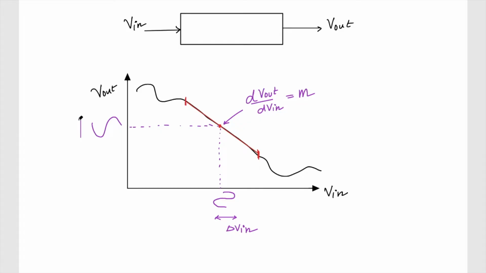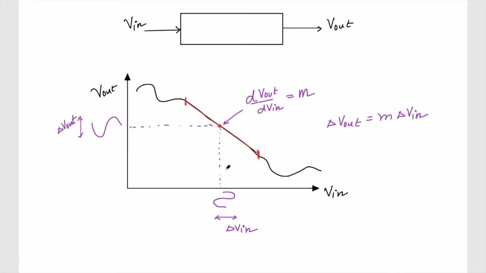Basically this is my delta V out, the change, right? I can easily find it by multiplying with m, right? So my delta V out is equal to m times delta V in. Okay, so if I just want to find out a small change in the V out for the small change in V in around this point, then this kind of analysis is called small signal analysis.